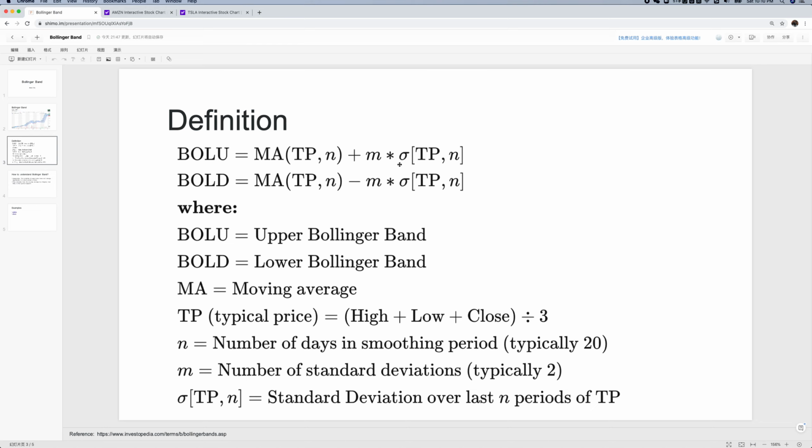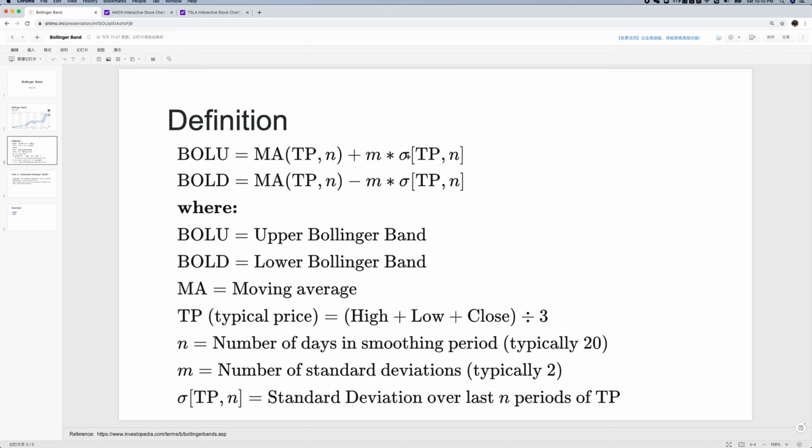So the upper band and lower band are just the prices 2 times the standard deviation away from the center band. If we know something about statistics or standard deviation, we know that it's very unlikely that the price will get out of the 2 times of the standard deviation, if nothing big happens to the underlying asset.